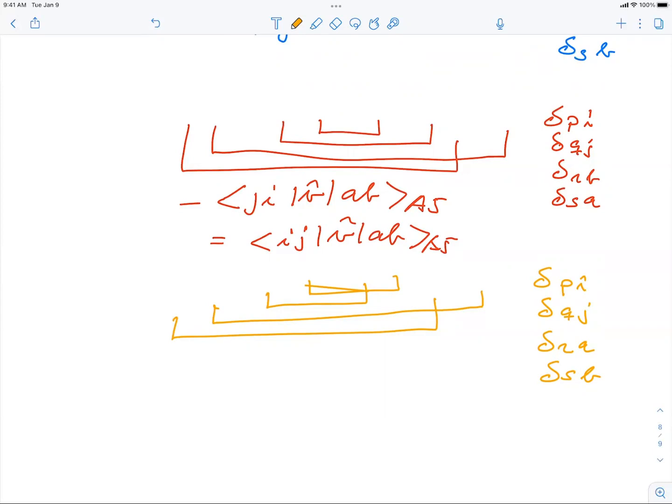That's going to give me a matrix element which is given by JI V BA. But that's again the same as IJ V AB, anti-symmetrized.